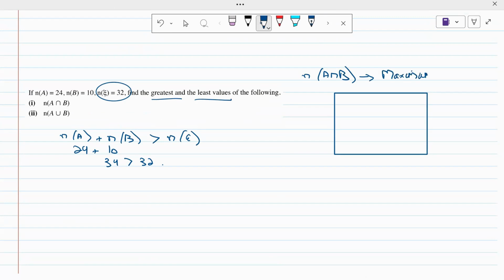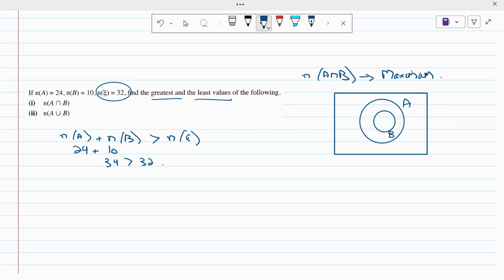It's a fixed thing. And subset means the outer set would be the set having the greater values and the inner set would be the set having the lesser values. Out of the two, A is having the greater value, which is 24. So A is the outer one and B is the inner one.